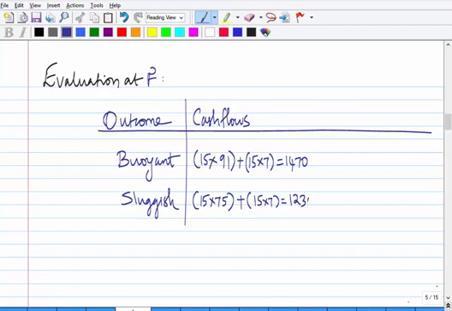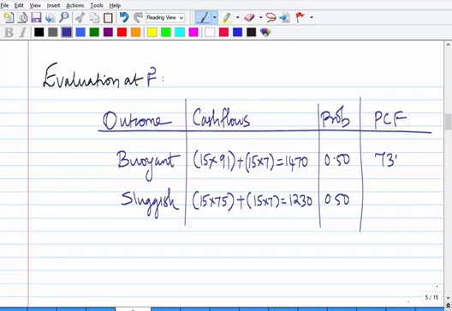But these cash flows carry a probability. The probabilities are 0.5 each. So I can find out what is known as the probable cash flows now. Probable cash flows is nothing but the product of these two. That is 1470 into 0.5, we get 735. And 1230 into 0.5, we get 615.